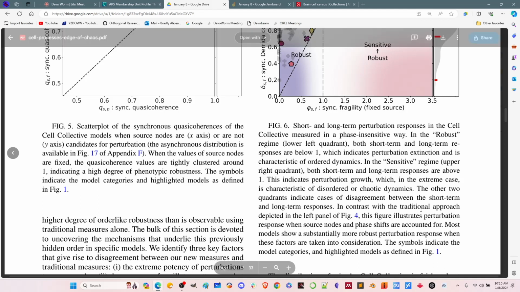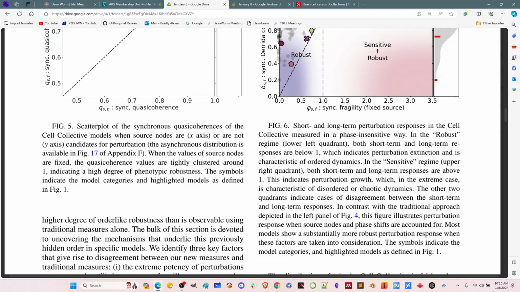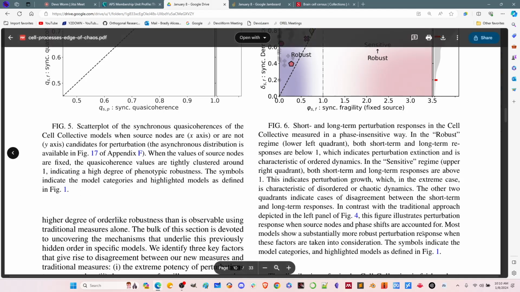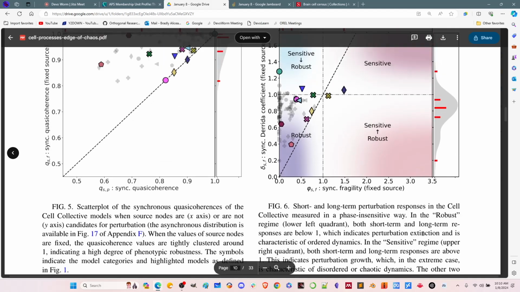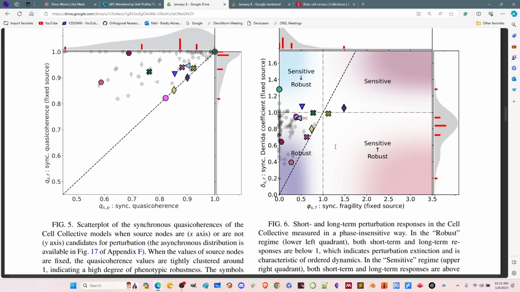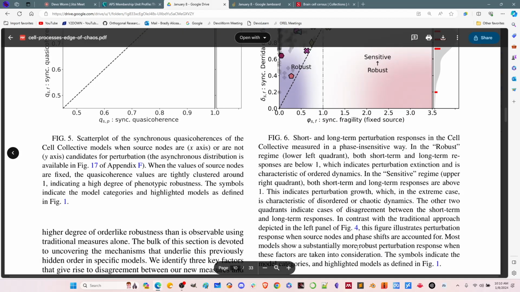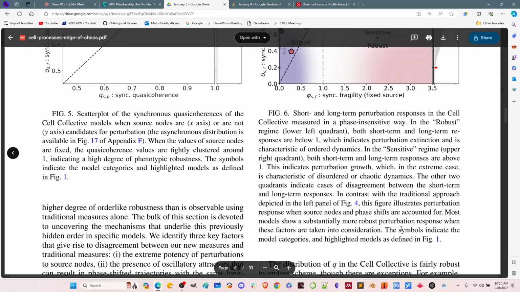In contrast with the traditional approach depicted in the left panel of figure 4, which we're not going to see, this figure illustrates perturbation response when source nodes and phase shifts are accounted for. Basically, they're trying to model the properties of this network where maybe the nodes have different states. Most models show a substantially more robust perturbation response when these factors are taken into consideration.